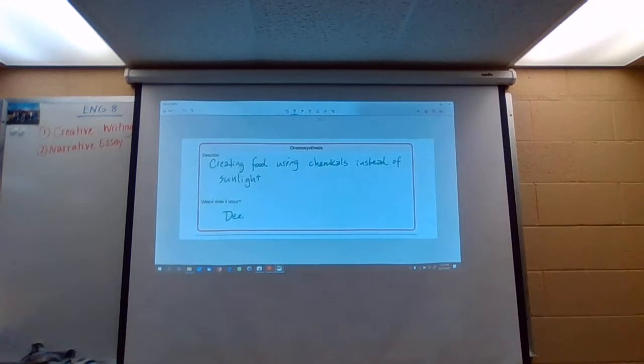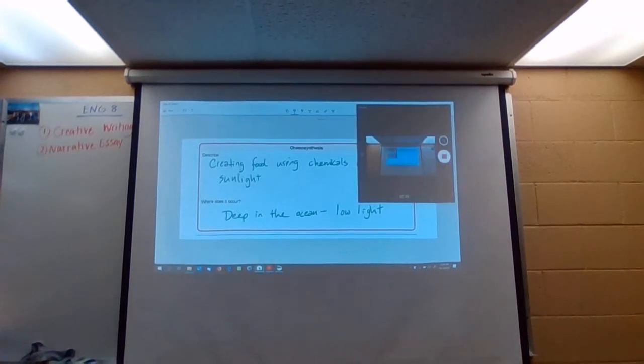Typically deep in the ocean, because there is low light deep in the ocean. So that's pretty much all you need to know about chemosynthesis, just that it is an alternative to photosynthesis and that it occurs deep in the ocean.